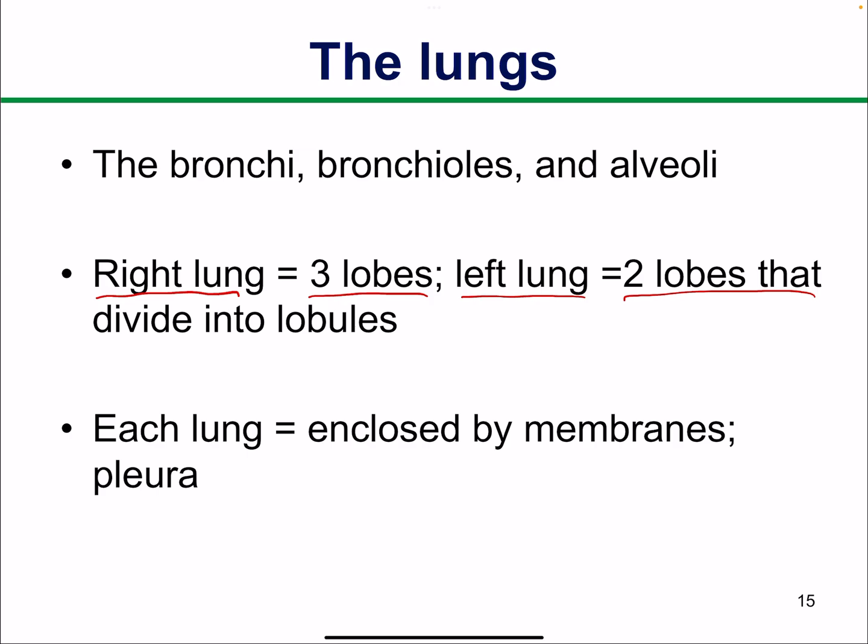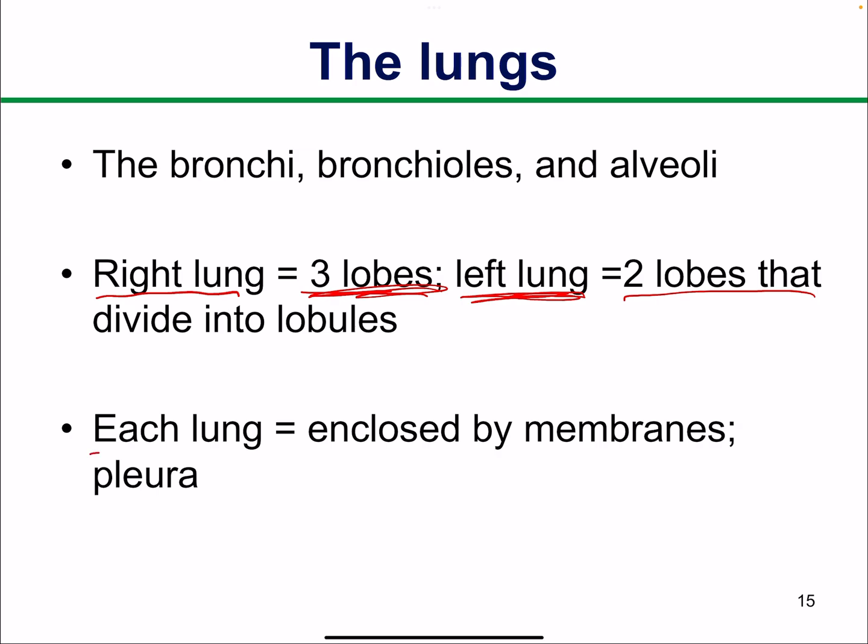It tilts toward the left side. And so there is a need of room for the heart. Therefore, in terms of structure, there are only 2 lobes in the left side of the lung, while in the right side you have 3 lobes.